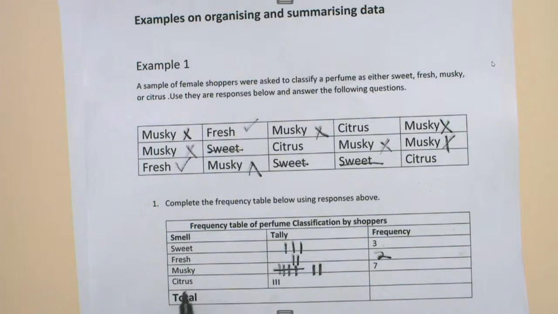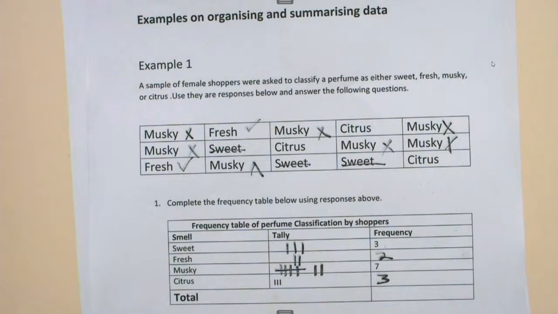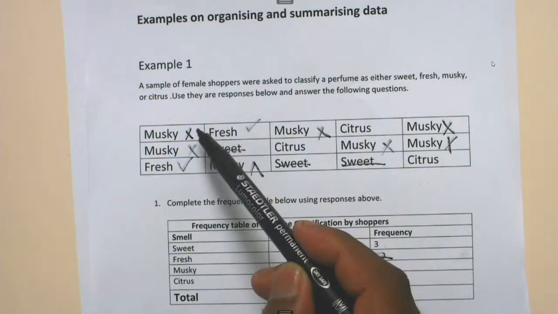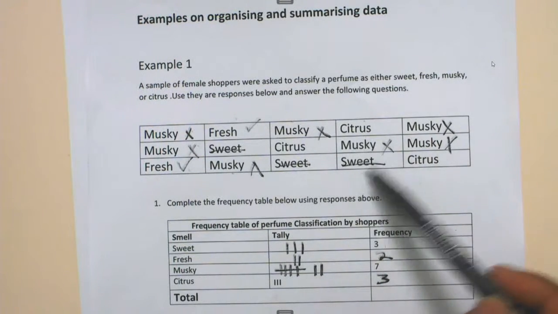And then citrus, they said it's only 1, 2, 3. So if you say 3, here it is. Now let us take a look at the number of customers who participated in this data. We have 1, 2, 3, up to 15.